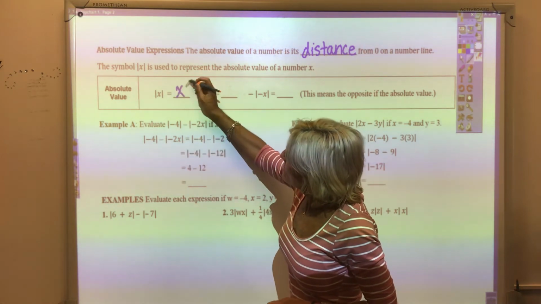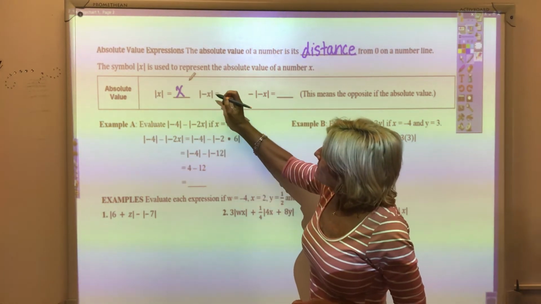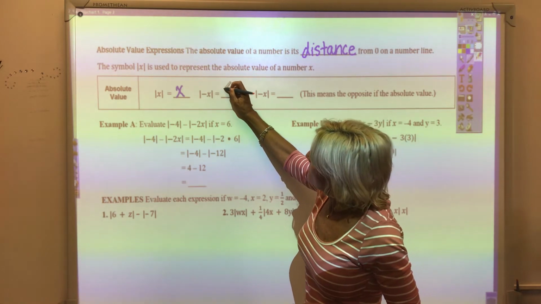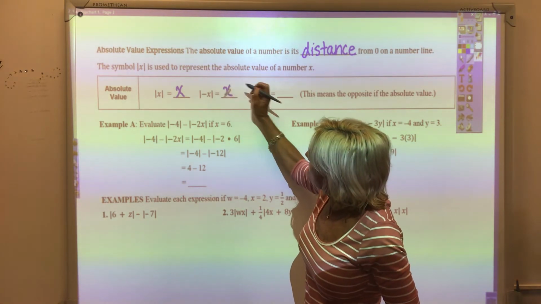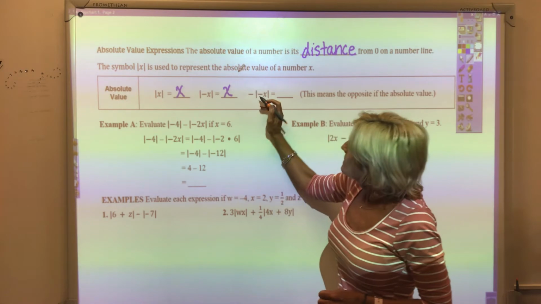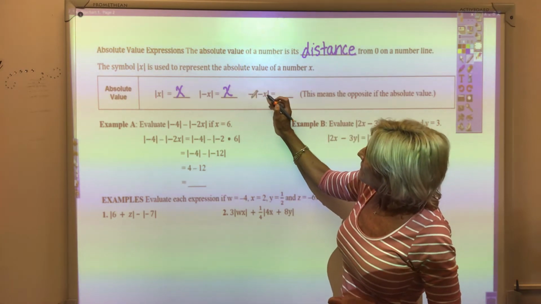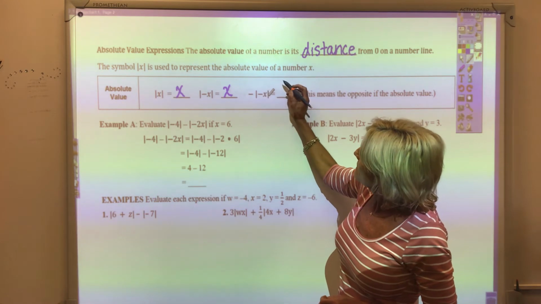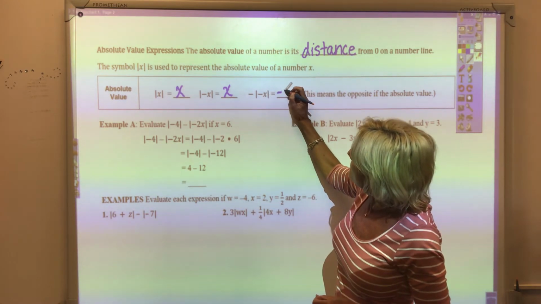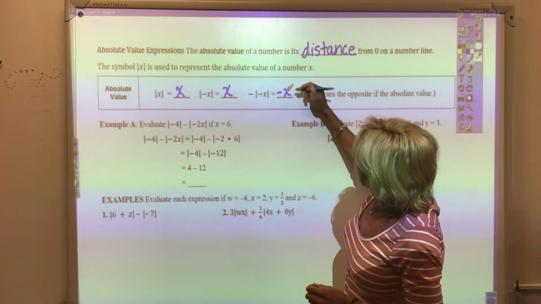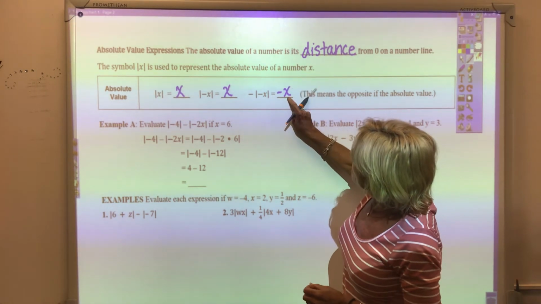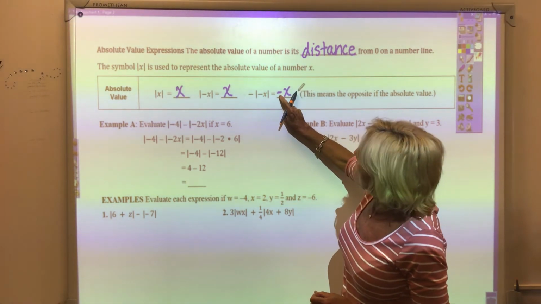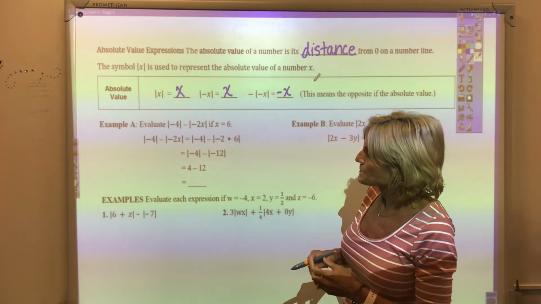So the absolute value of x is x. The absolute value of negative x is x. However, the opposite of the absolute value of negative x is negative x. The absolute value is x, but then we're taking the opposite of that.